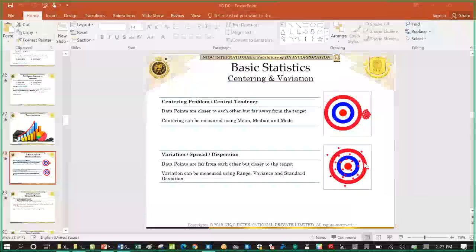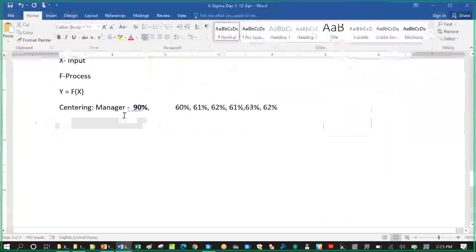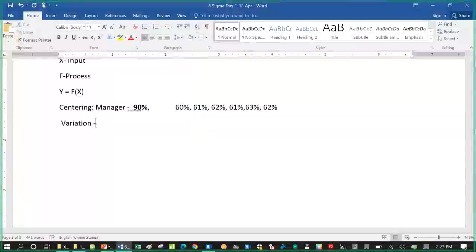Second problem is called variation. Now in variation, how do we relate it? Let's say your target is to achieve 50%. You have people who are achieving 0%, then 100% directly. Then you have again a person who is at 0 and then 100%.